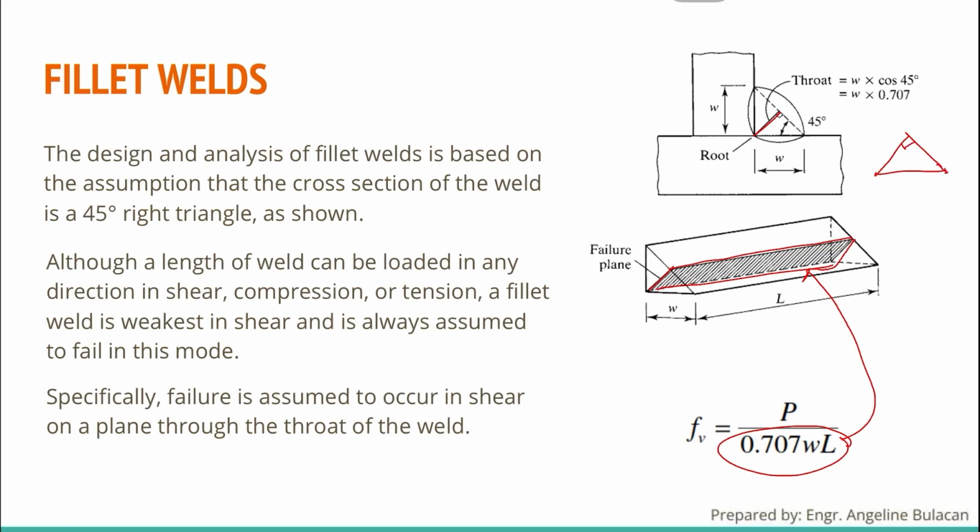So, makukuha natin yung dimension ng throat by the cosine 45 degrees is equal to throat over the thickness W. So, kung isi-simplify natin yung cosine 45, it is equivalent to 0.707. So, to simplify, ito na yung formula natin.